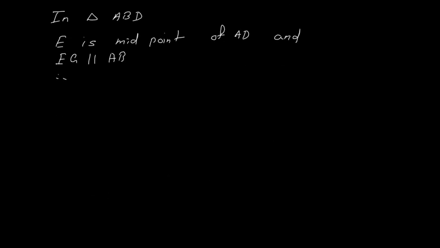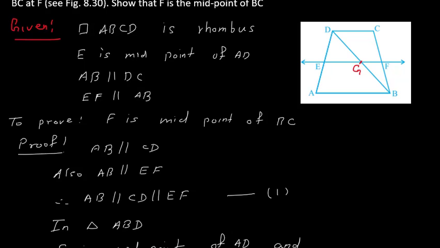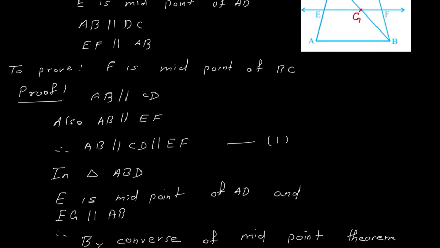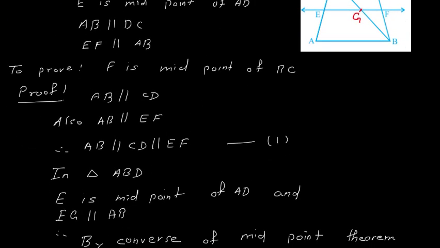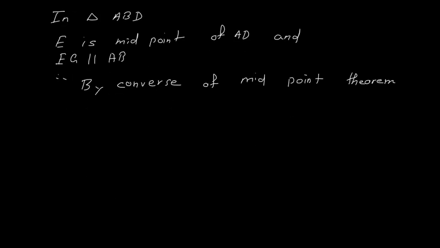Therefore, by converse of midpoint theorem, I will say that G is the midpoint of side BD. So for BD, G is the midpoint. Let us take this as the second equation.